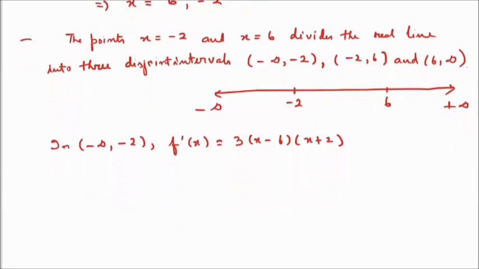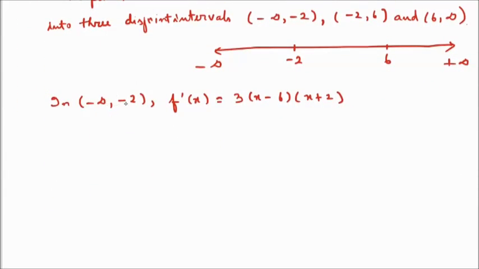So if I choose x from this interval, then x minus 6 will be negative, and again, if I choose x from this region minus infinity to minus 2, x plus 2 will also be negative.